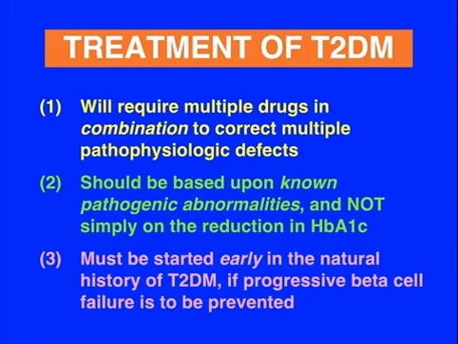beta cell function. Now, we have 6 major classes of drugs that can be used to treat our diabetic patients. We have Metformin, the sulfonylureas, the DPP-4 inhibitors, and then the more recent additions are the SGLT2 inhibitors, the GLP-1 receptor agonist, and we also have an old one, pioglitazone, which I personally like.